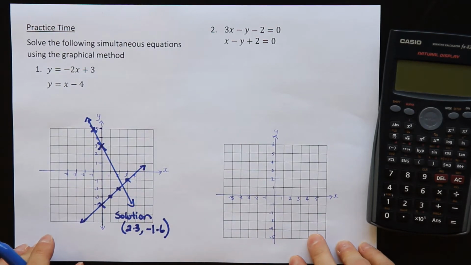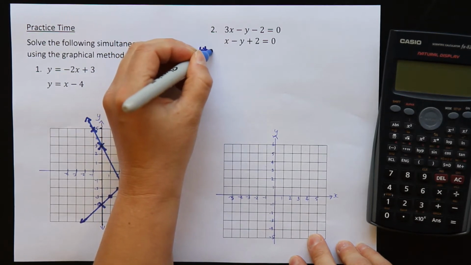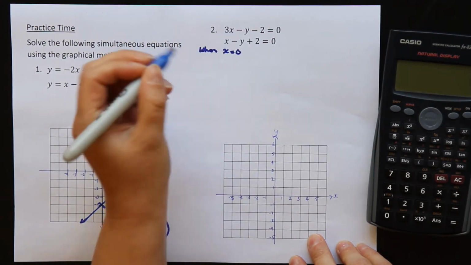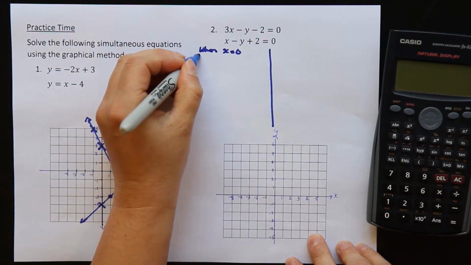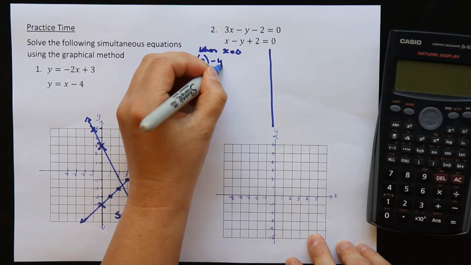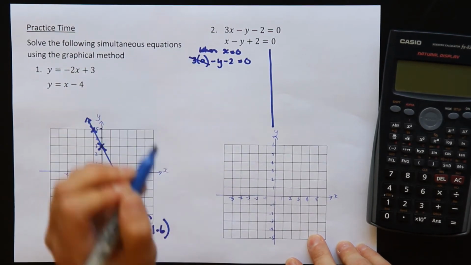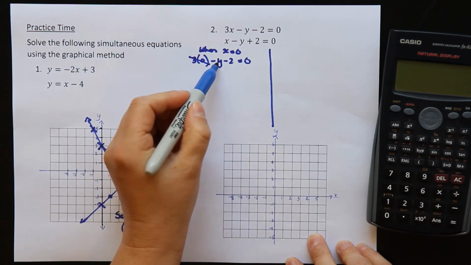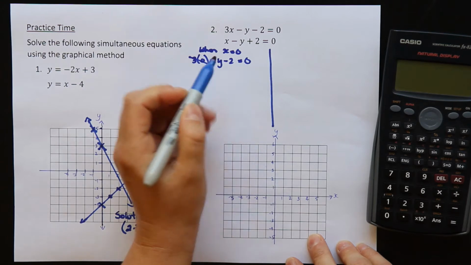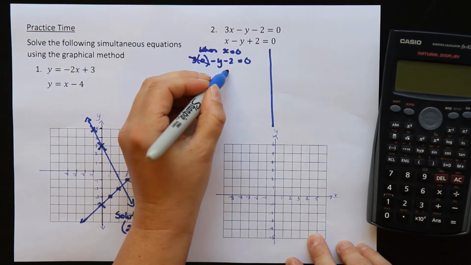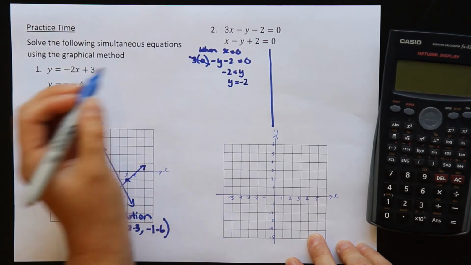Alright, in question 2, let's use our xy intercept method. When x equals 0 into the first equation, that would give us 3 times 0 minus y minus 2 equals 0. 3 times 0 is nothing. Now to get y by itself, let's move it across to the other side to make it positive, which would give me negative 2 equals y, or y equals negative 2.